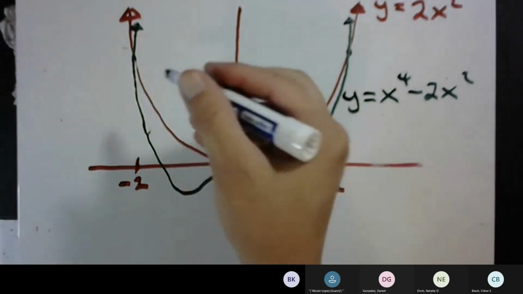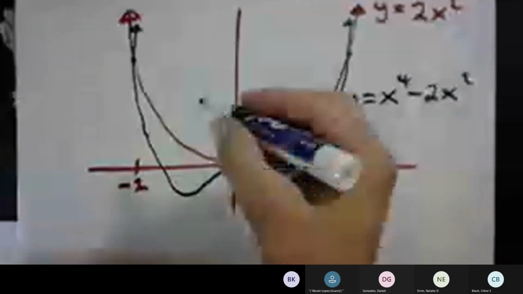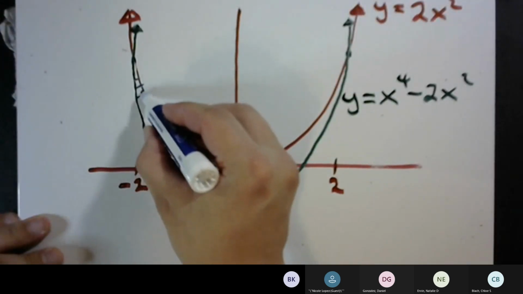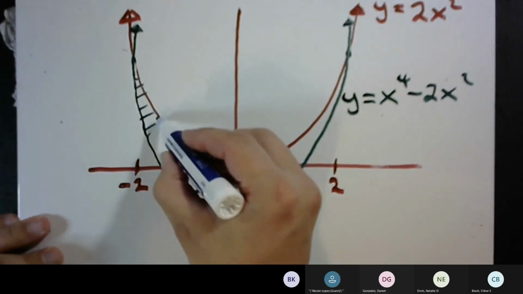And so what this tells us is that the area between these two curves is going to be this.